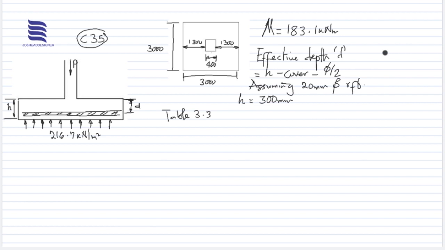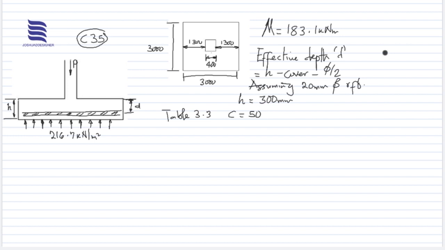But what we are dealing with here is a foundation, where there will be an alternation between the wet and the dry condition of the soil. So that leaves the condition as severe, and that's why we want to take our cover for this foundation design to be 50.